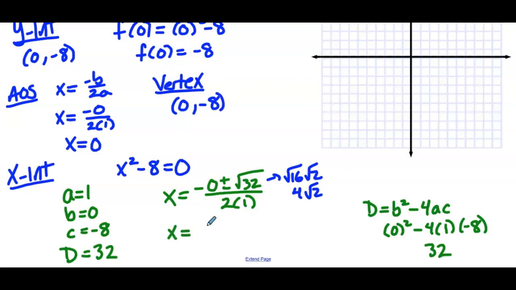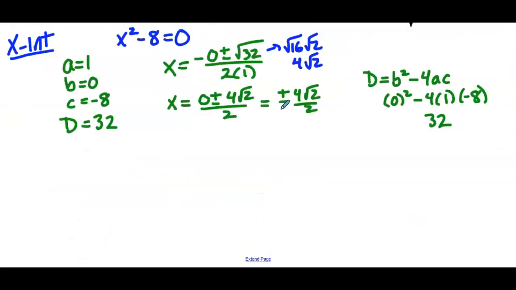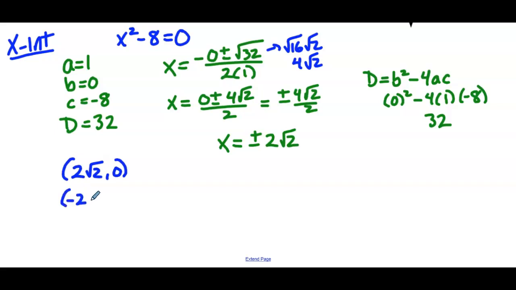So we have x equals 0 plus or minus 4 times the square root of 2 over 2, which is plus or minus 4 square root of 2 over 2. So that means x equals plus or minus 2 times the square root of 2. So our x-intercepts are (2 square root of 2, 0) and (negative 2 square root of 2, 0).